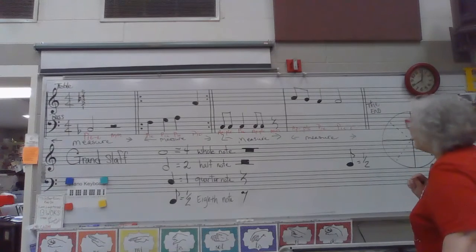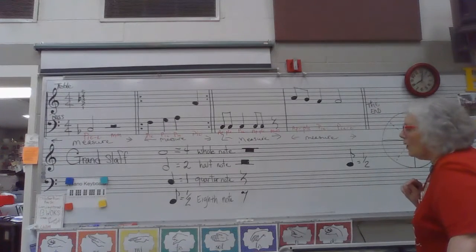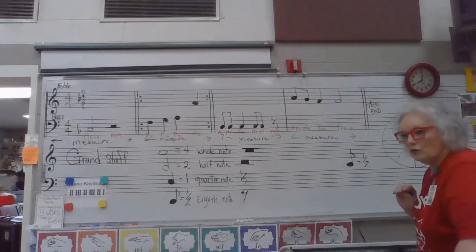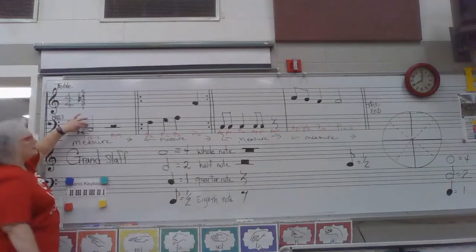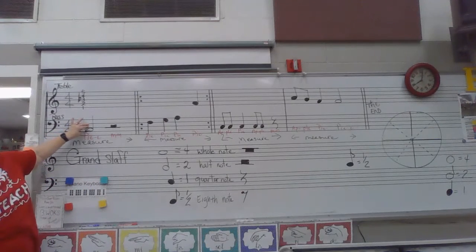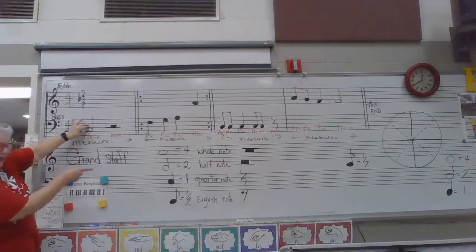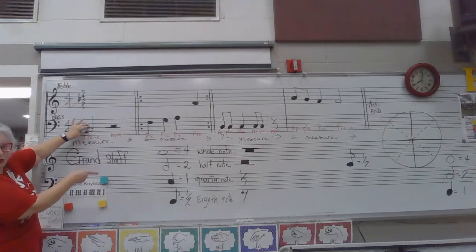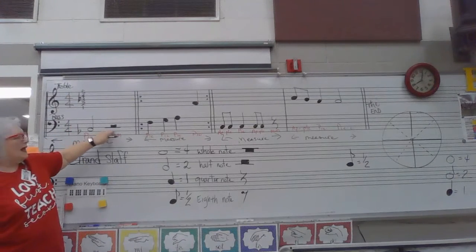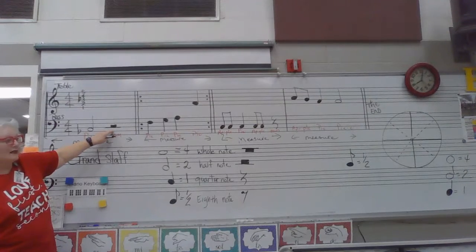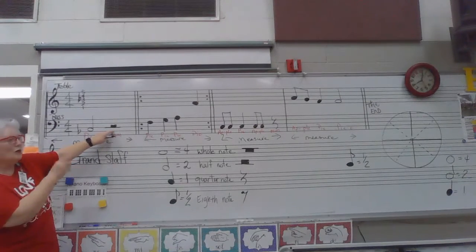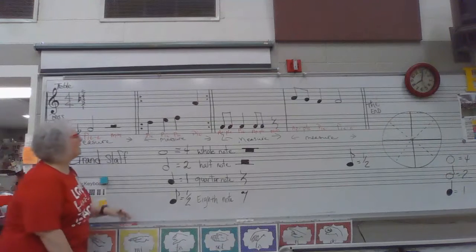Now then, we have these precious notes. Identify for me. What kind of note is this? Half note. Great. How many counts does it get? 2. Awesome. What do we got here? Half rest. How many counts does it get? 2. Woohoo, we are cooking with grease this morning. All right, what do we got here?